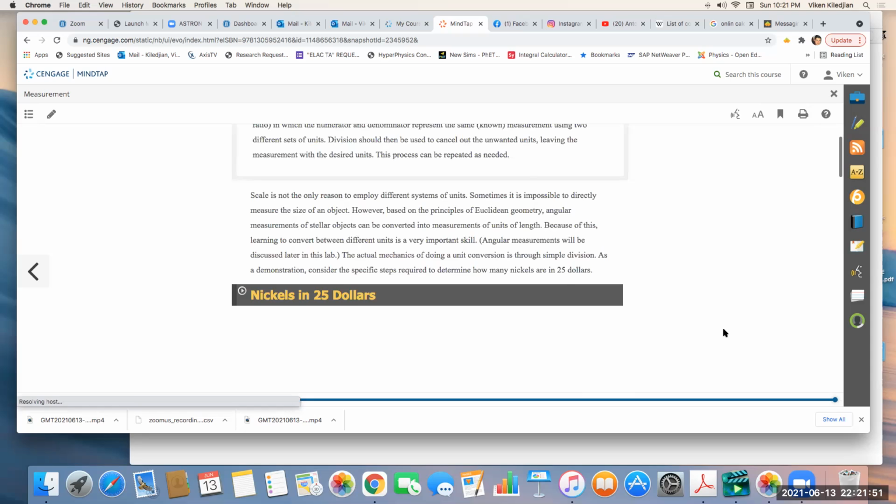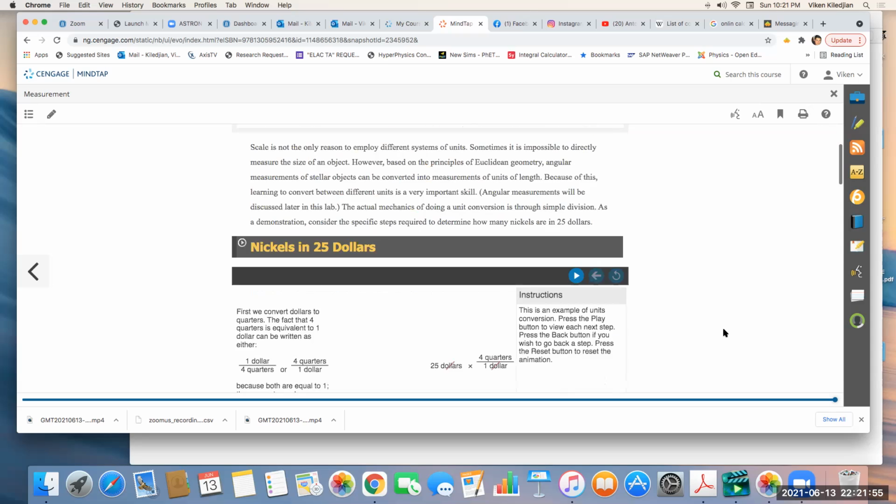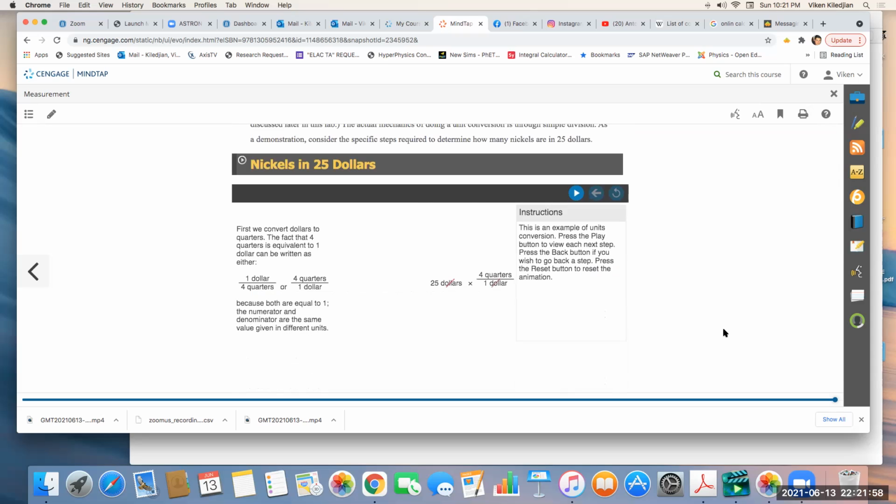And then it gives you a conversion, how to do a conversion here, nickels in dollars. Let's say you're trying to convert $25 into nickels. You use the fact that $1 is 4 quarters, and 1 quarter is 5 nickels.